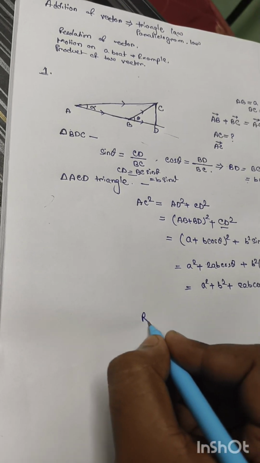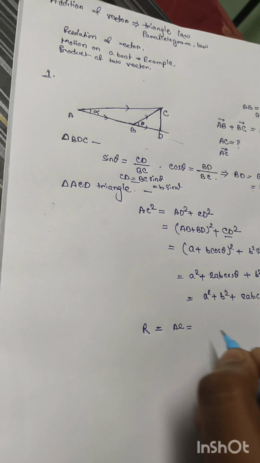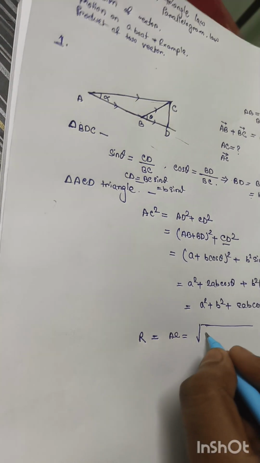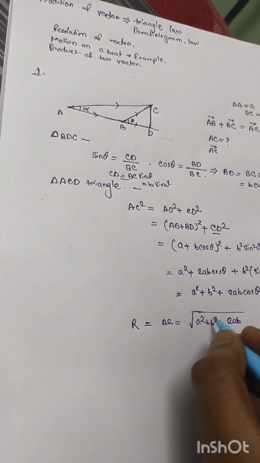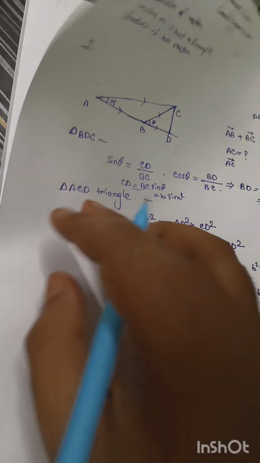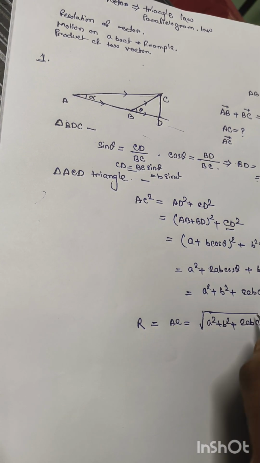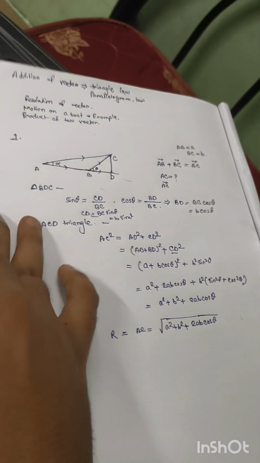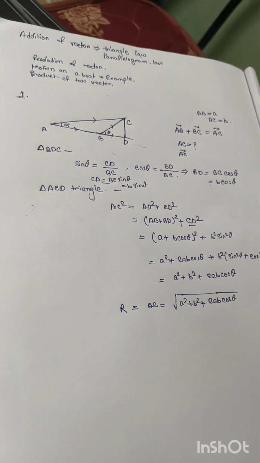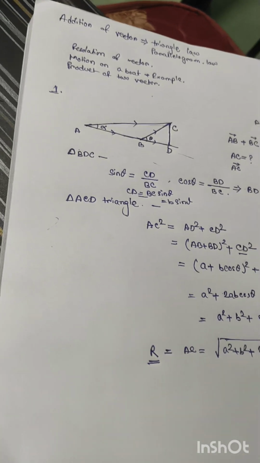So the final sum is AC equal to the square root of A square plus B square plus 2AB cos theta. Now that is the magnitude or value.